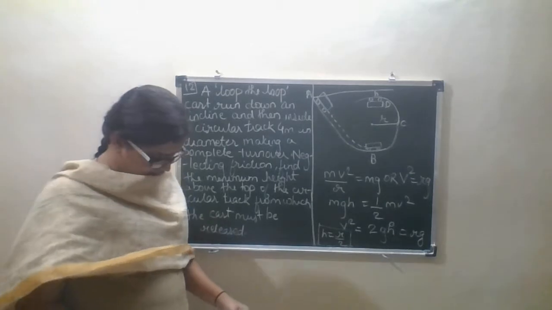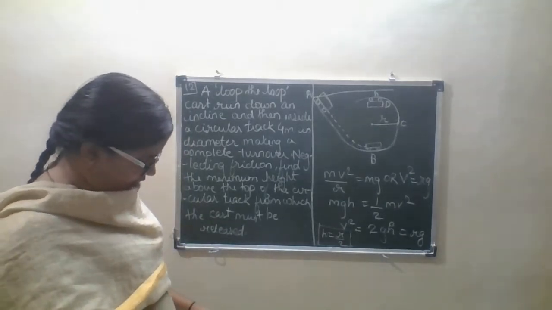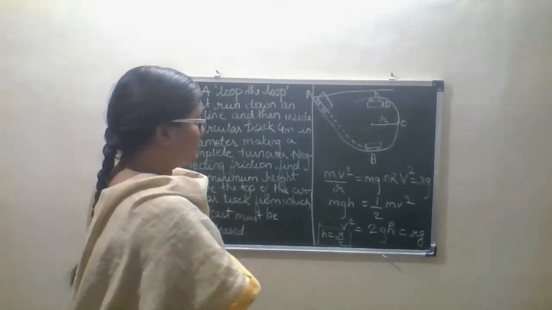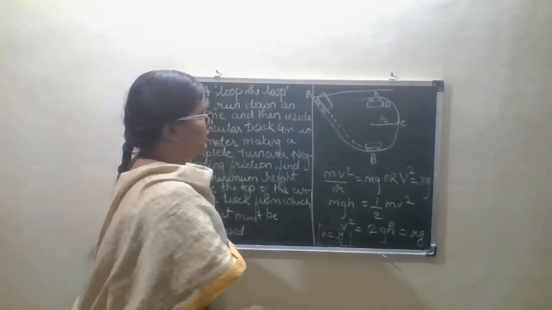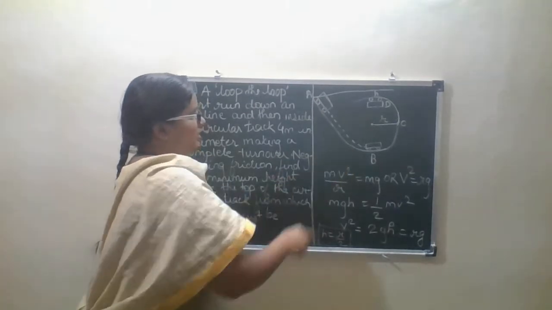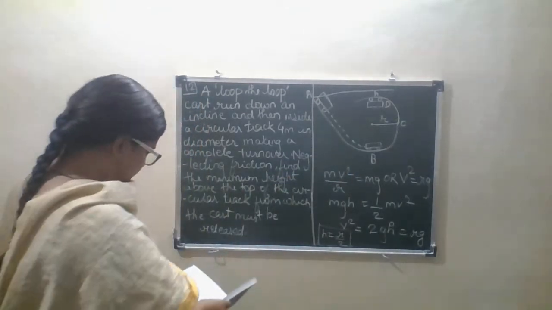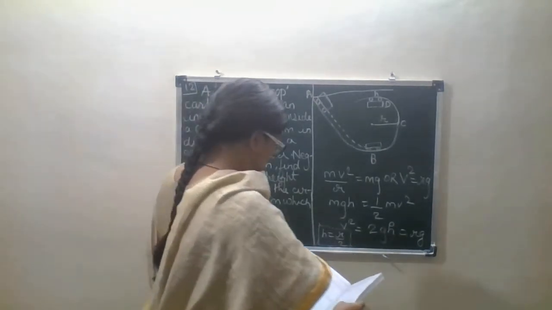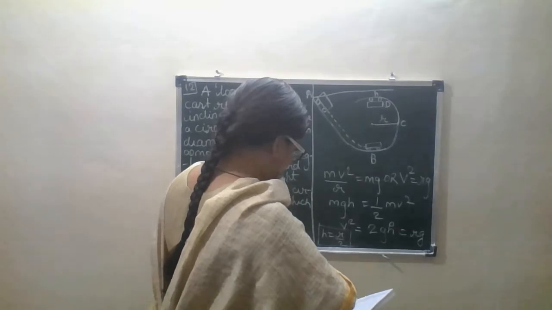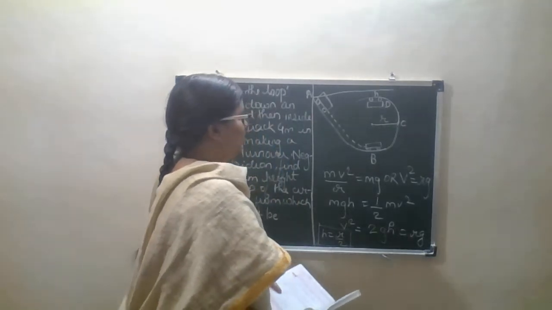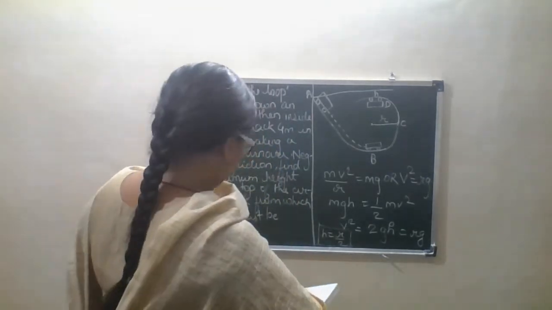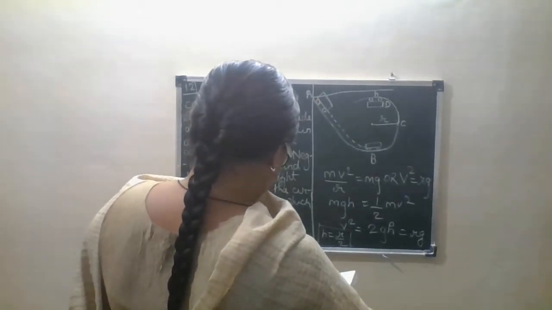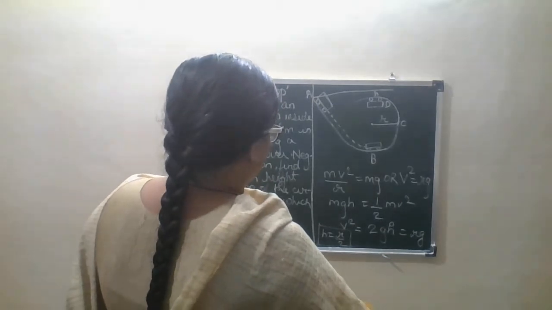The decrease in potential energy from A to D is equal to the gain in kinetic energy.